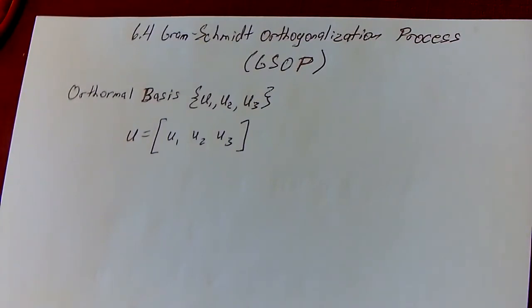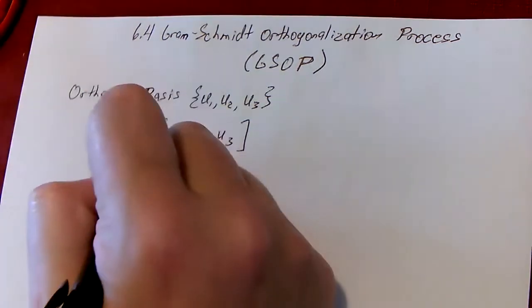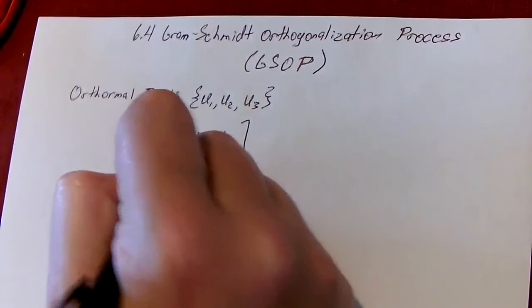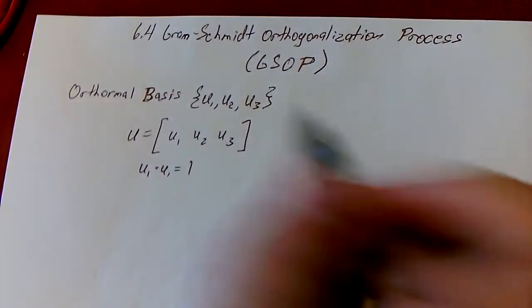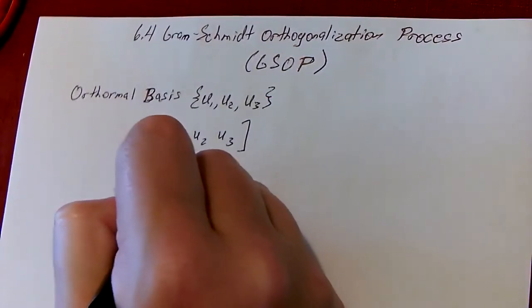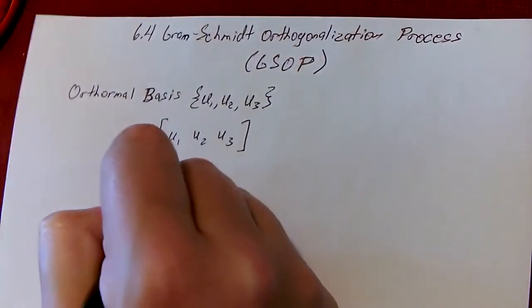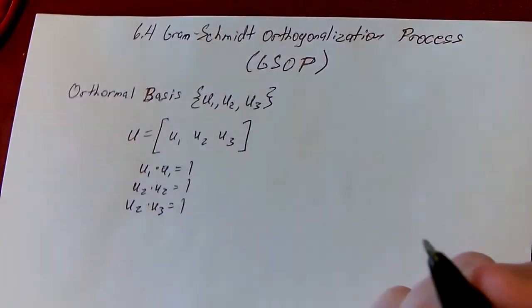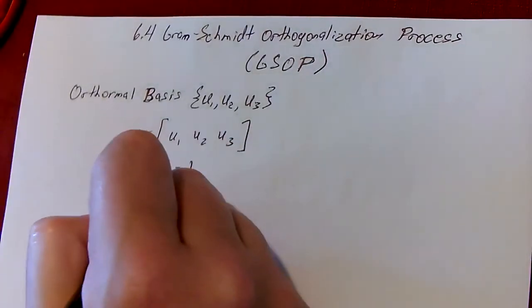Now, I know if I do U1 dot U1, that has to be 1 because it's orthonormal, okay? That's what it means to be normal. Same thing for U2 dot U2, and the same thing for U3 dot U3, okay?